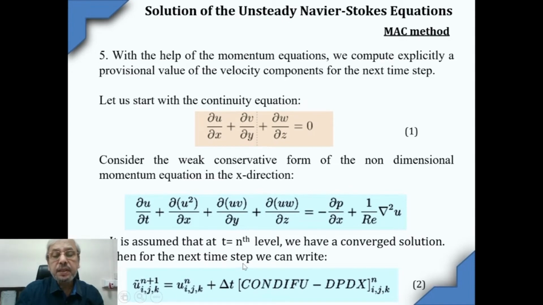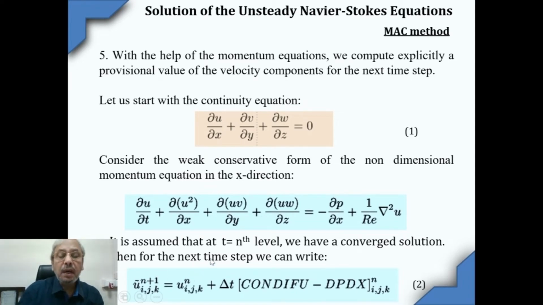Then the next time step, so basically we progress from n to n plus 1 to n plus 2, and so on and so forth. So when we have the converged value of the velocity field and the pressure field, we have the converged values everywhere at nth level.